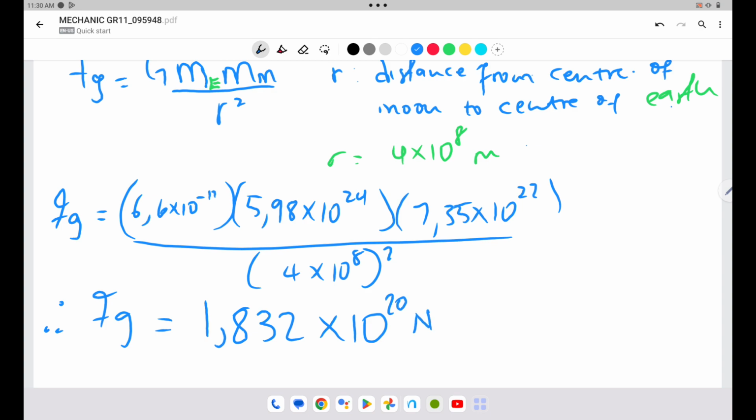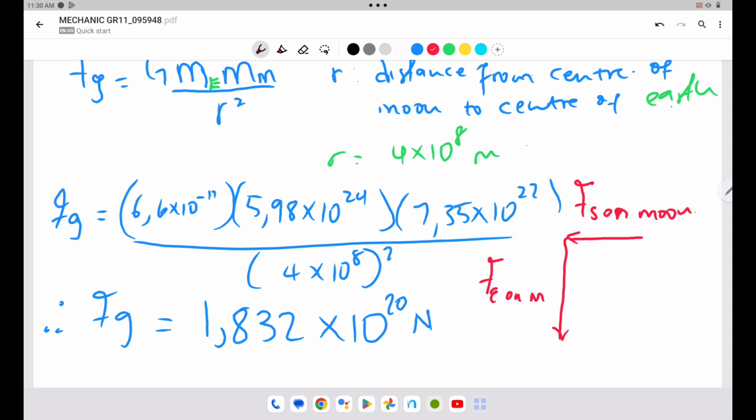So if I redraw these forces again, we said this is the force that the sun exerts on moon. I'm going to draw them using tail to head. And we said this one will be the force that the earth exerts on moon.